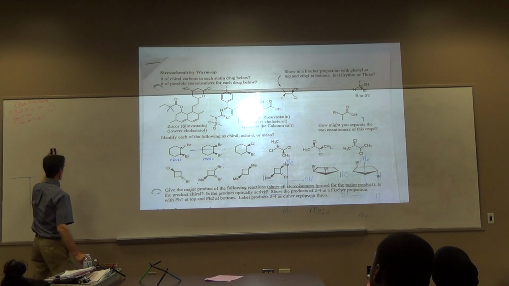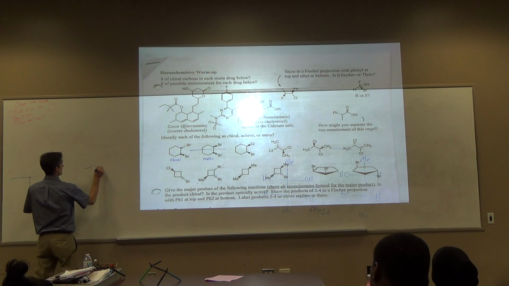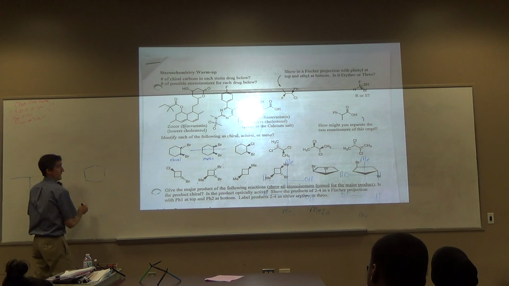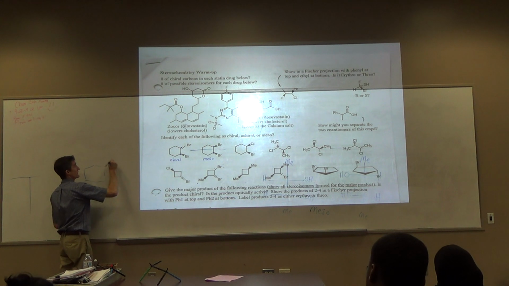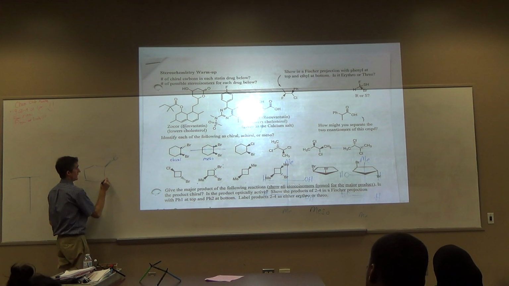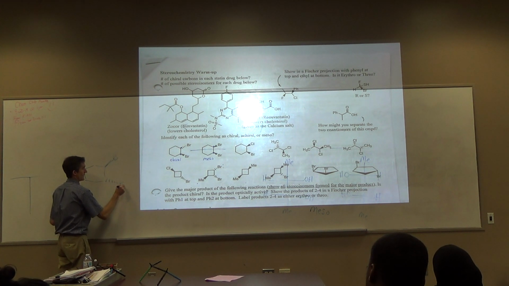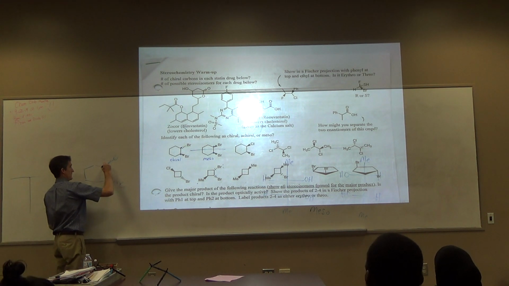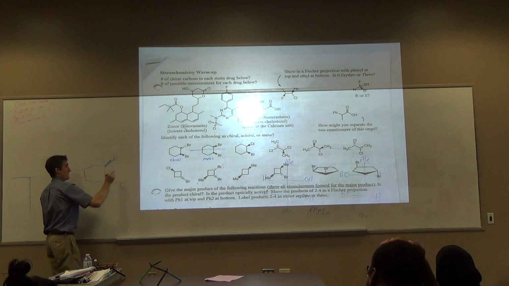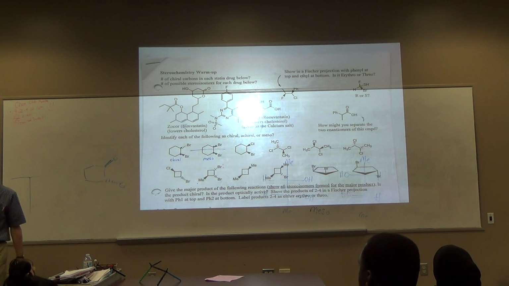All right, I'm trying to pull it together, reviewing what the mirror image of that would look like. I could draw it mirroring, but I could also draw it like this. Are these mirror images? Yes. They are, because if you keep the backbone straight and just switch your projections, you will get the mirror image.